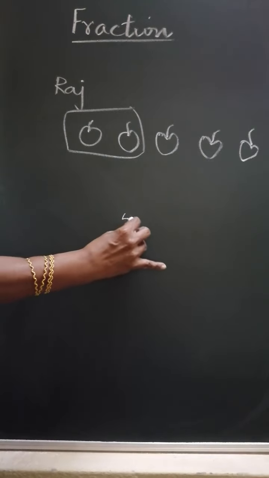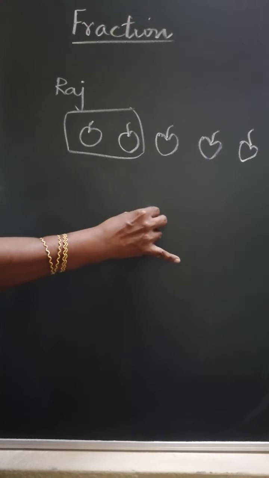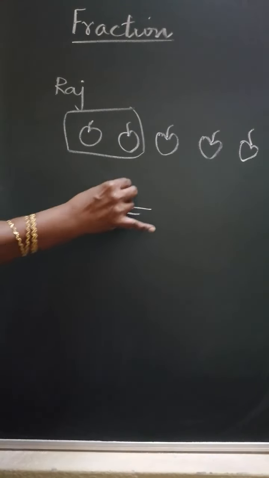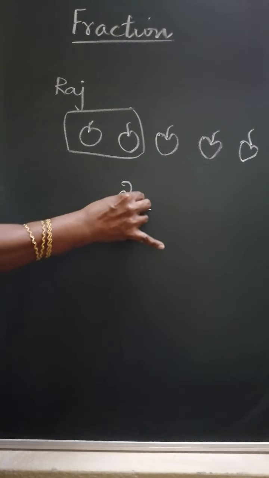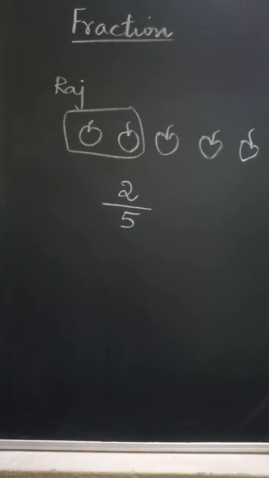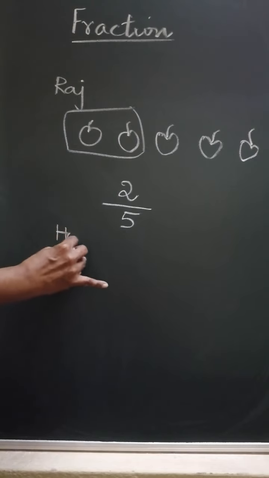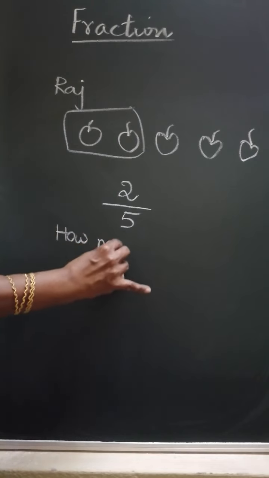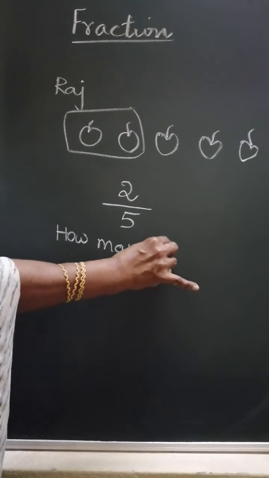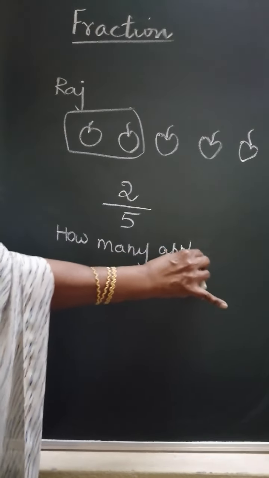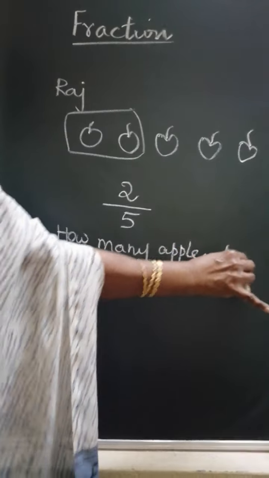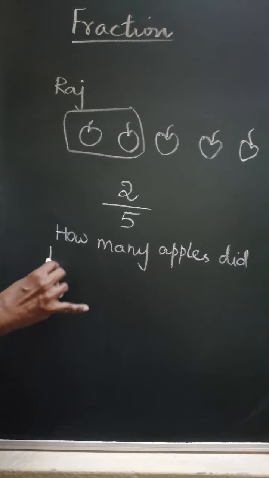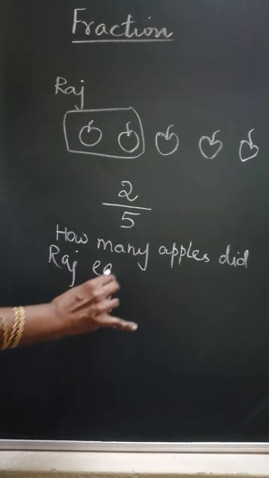That means there were a total of 5 and out of 5 he ate 2. Now the question, how many apples did Raj eat?